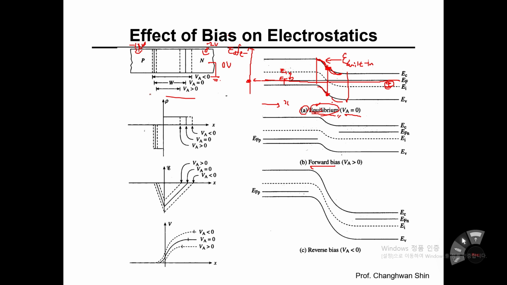But another student said, no. N side is now minus 2 volt. P side is minus 1 volt. Which one is higher? Definitely minus 1 is higher than minus 2 volt by plus 1 volt. So forward bias is applied across the PN diode. Who is right? Yes, the second student.